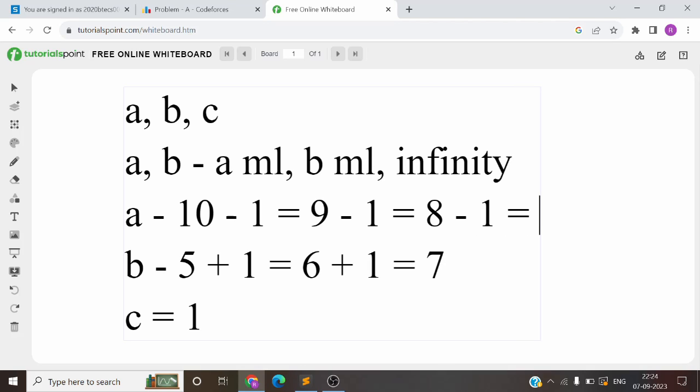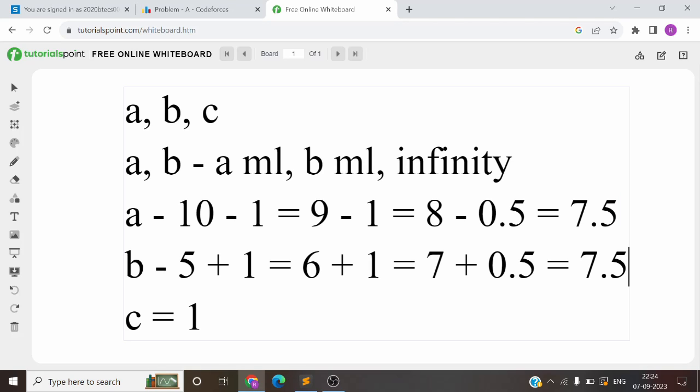Now the difference is less than 1, so you just need to reduce by 0.5 and increase by 0.5. Now are they the same? Yes. So basically you can increase or decrease the water up to the value C, it can be a decimal as well, and by doing this you need to make the water in both vessels equal.